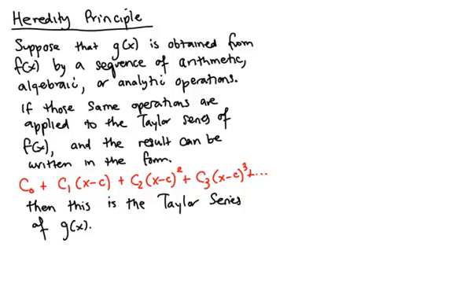If those same operations are applied to the Taylor series of f of x, and the resulting series can be written in the form c0 plus c1 times x minus c plus c2 times x minus c squared plus c3 times x minus c cubed, then this series must be the Taylor series of the function g, evidently centered at c. Now, we saw last time how we could start off with a known function and then manipulate to get a hold of this Taylor series here.